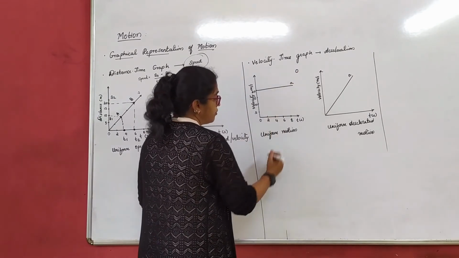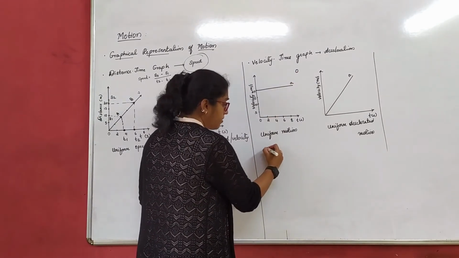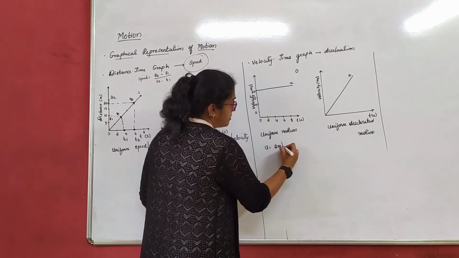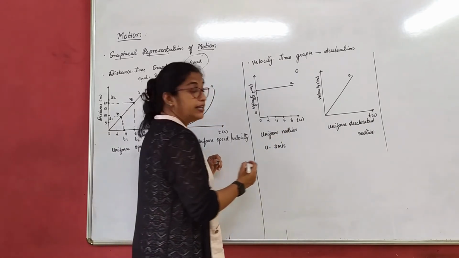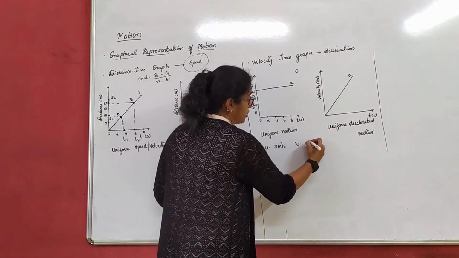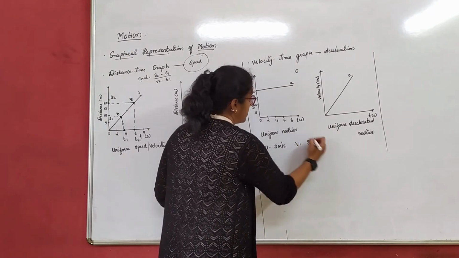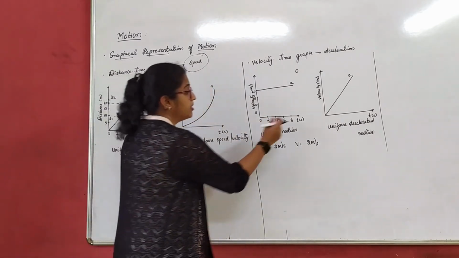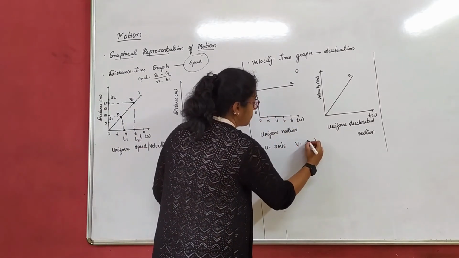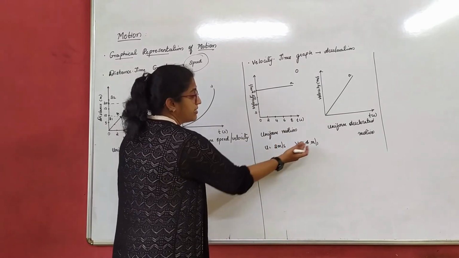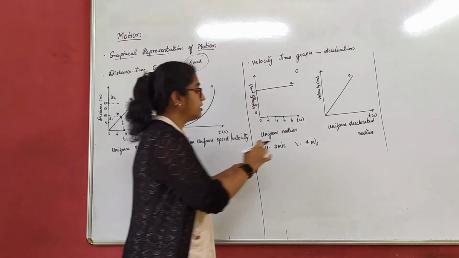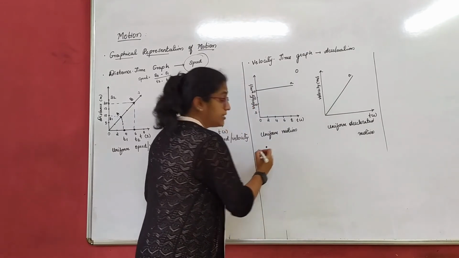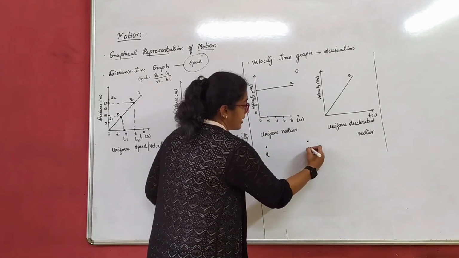Why? Because you see here, for example, I started at 2 meters per second, right? Now the final velocity, if I consider it, is also 2 meters per second, because from here to here it is the same thing. I started with this u and I ended with v.